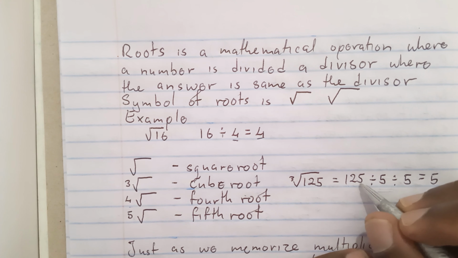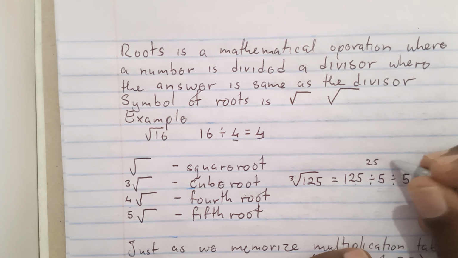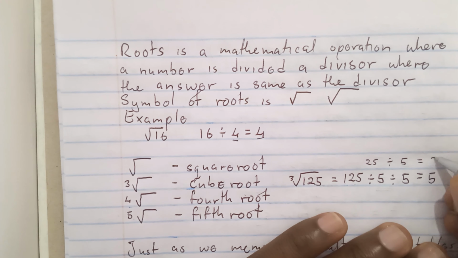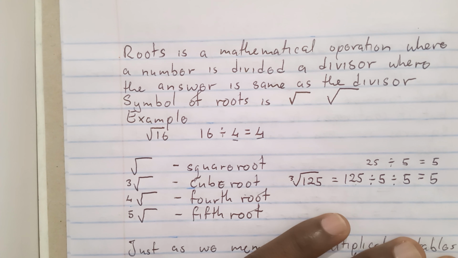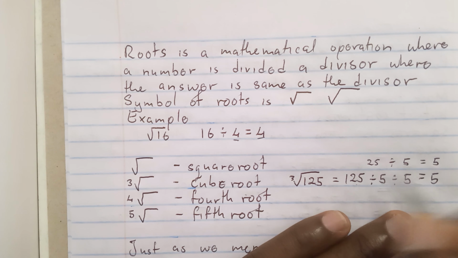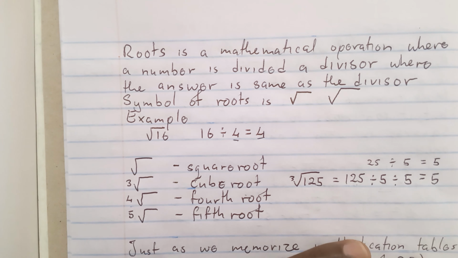What do I mean? 125 divided by 5 gives 25. 25 divided by 5, the answer is 5. So basically, the same way as we saw with powers, it's about multiplication, roots are about division. And it's key to know that it's the same number being repeated over and over again.